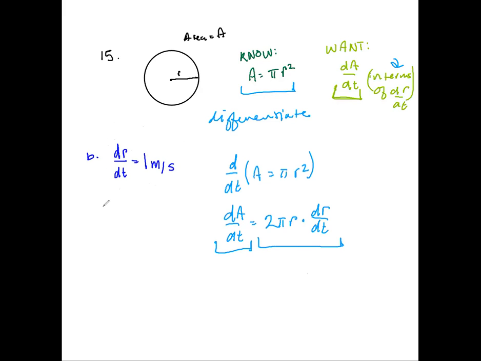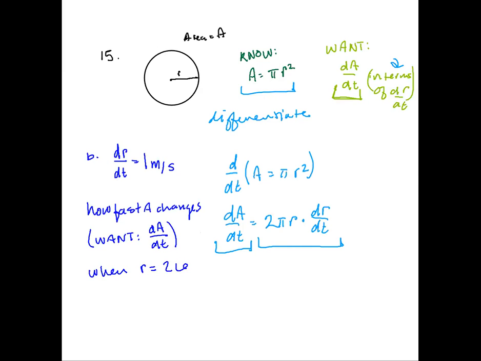And I want to find how fast the area is changing, which means I want the rate of change of A with respect to time. So how does A change with time? When r is equal to 26.